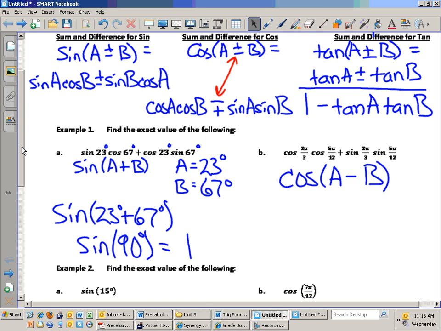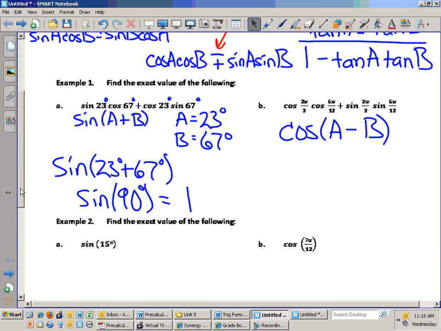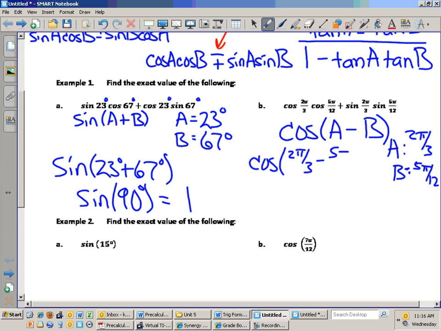Okay? So I just have to identify what is A and what is B. A is 2 pi over 3, and B is 5 pi divided by 12. So I have the cosine of 2 pi over 3 minus 5 pi over 12.